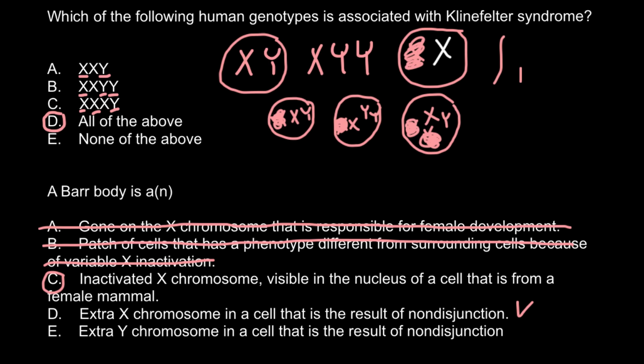So answer E, an extra Y chromosome in a cell that is a result of non-disjunction, and an extra Y chromosome, as we see in example B, doesn't produce Barr bodies. So if we have in a cell two Y chromosomes, both of them would stay active because the Y chromosome is very small.